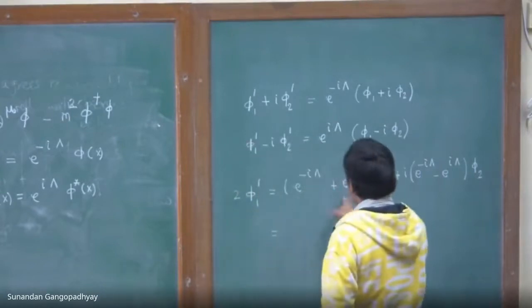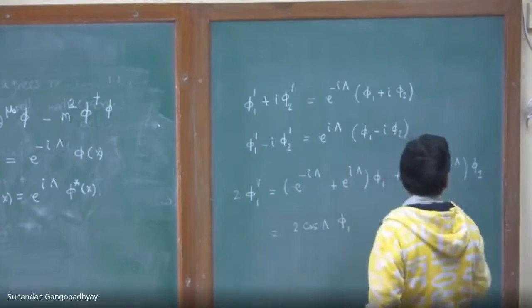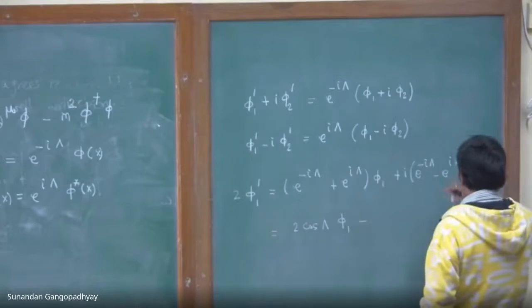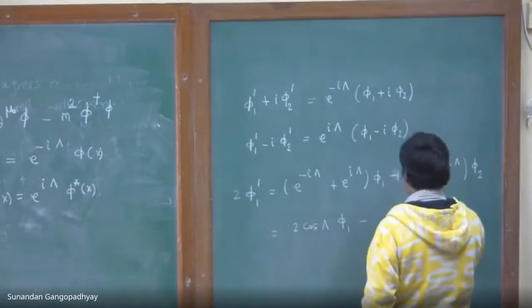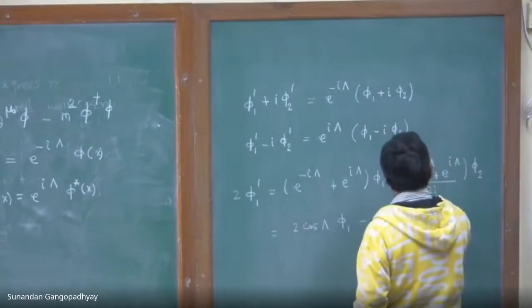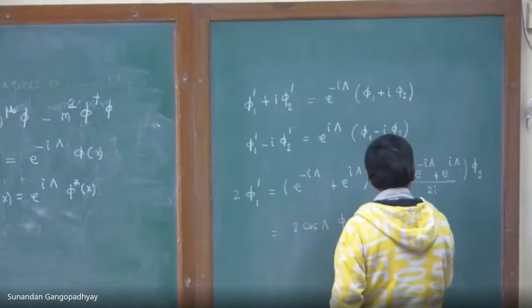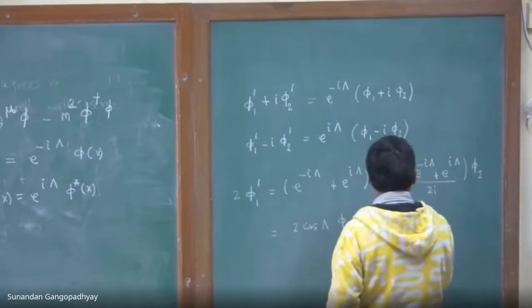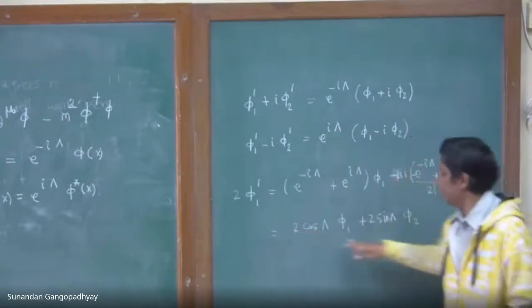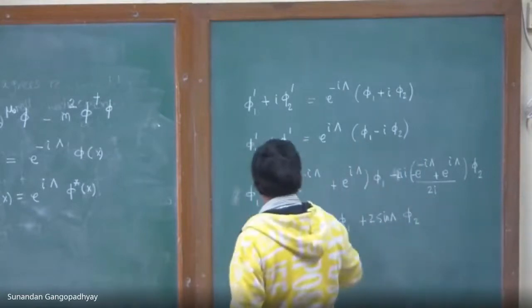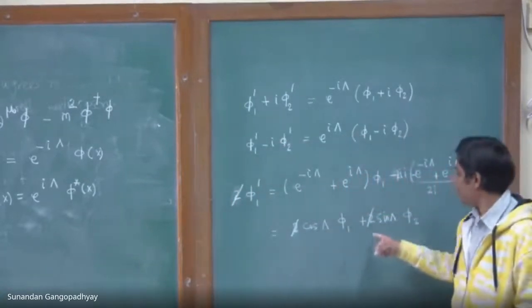This factor is basically 2 cosine of lambda phi 1, and if I pull out a minus, then by 2i, multiplied by 2i, this will give us plus 2 sine lambda by 2. So if you add these two equations, you will get an equation of this form. And from here, you can just cancel the 2. So phi 1 prime is basically cosine lambda phi 1 plus sine lambda phi 2.